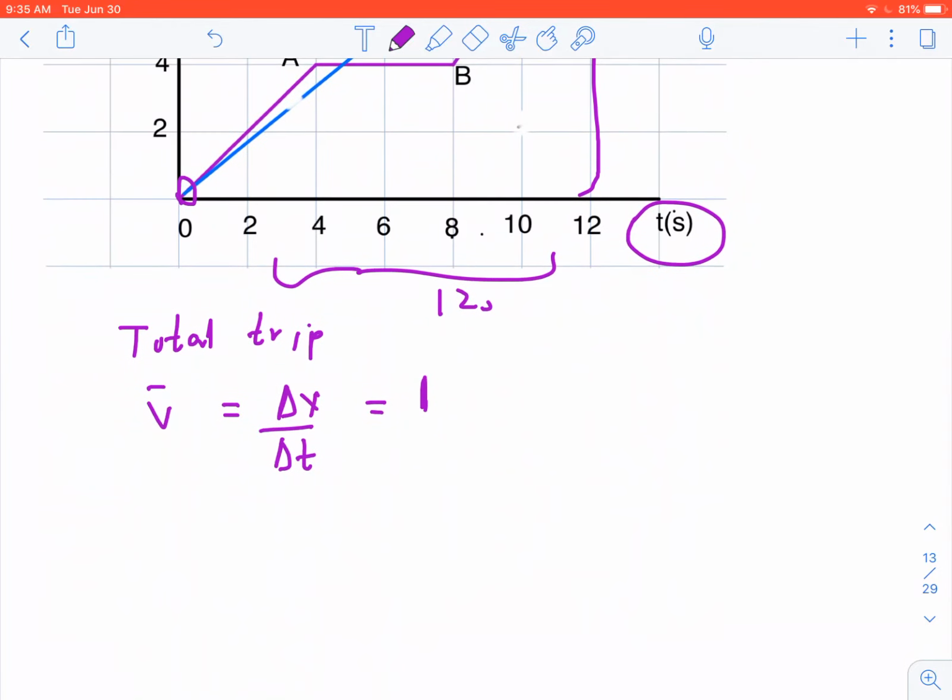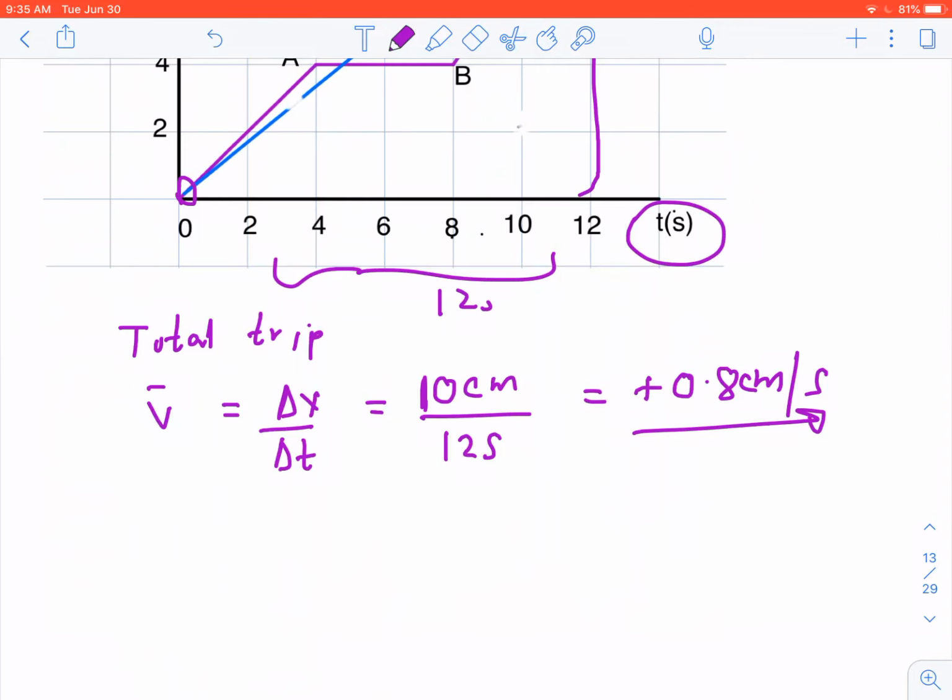That is 10 centimeters upon 12 seconds, which gives us plus 0.8 centimeters per second. So that's the velocity.